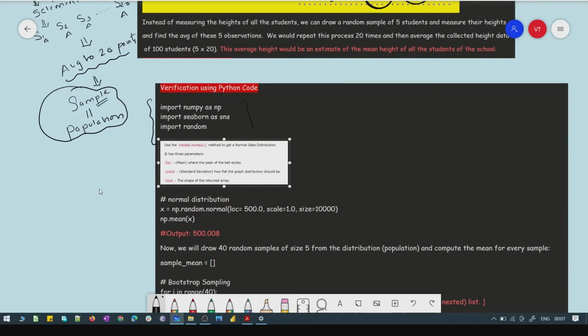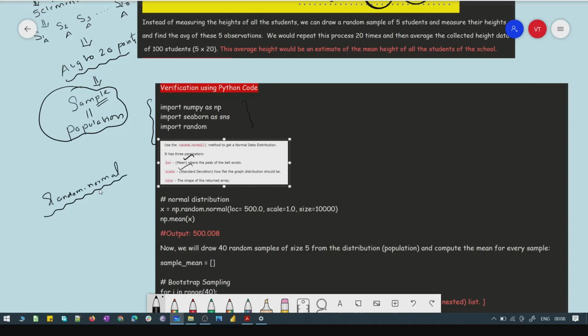And we are using the random.normal function. I have given you the syntax or the definition of random.normal. There are 3 different parameters that go into it. loc is nothing but your mean, scale is your standard deviation, and size is more like the shape of the array, or the number of elements that go into it.